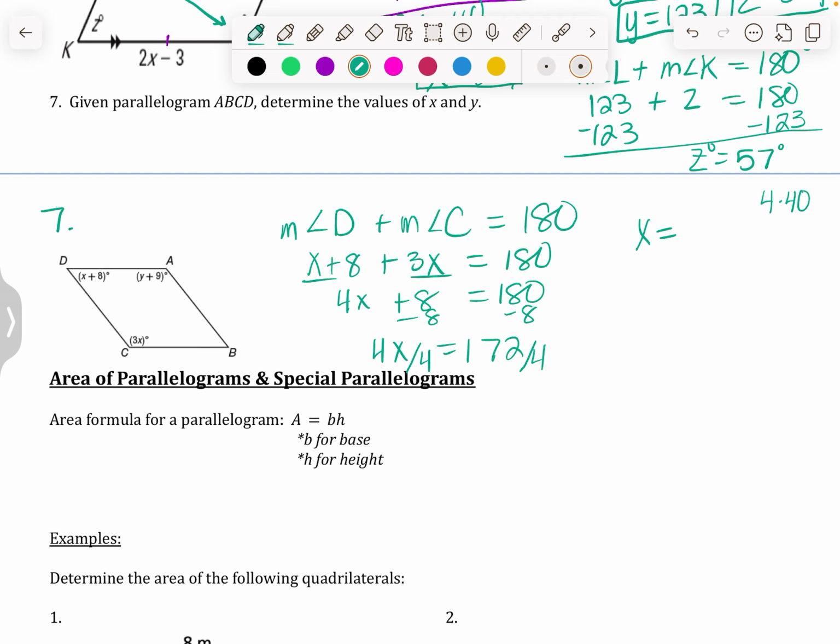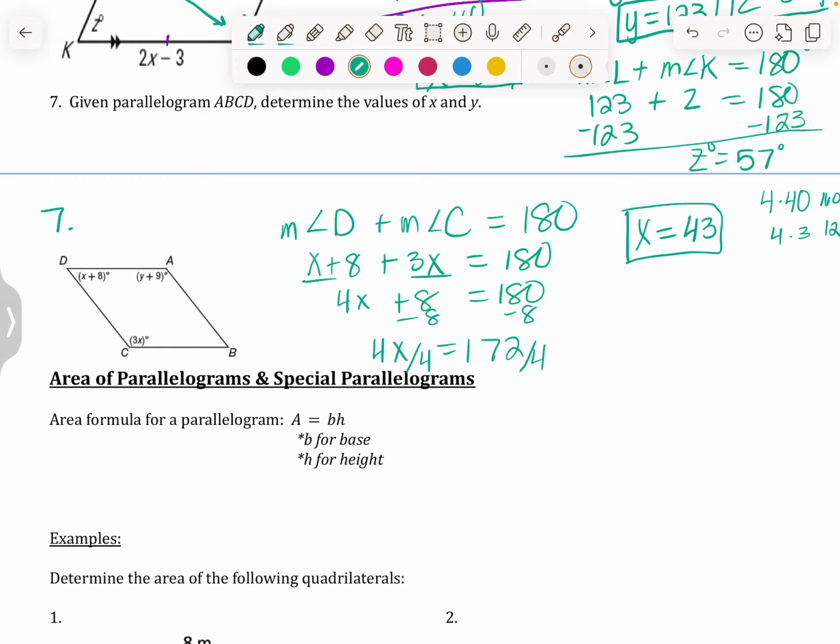So 4 times 40 would be 160. And I'm going to need 12 more to get to 172. So that'd be 4 times 3. So 43 altogether. Sorry, I should have used my calculator, but 43 altogether. So x is going to be 43.